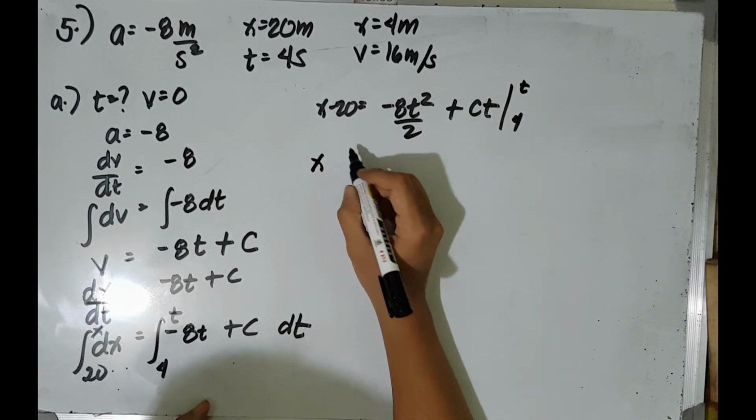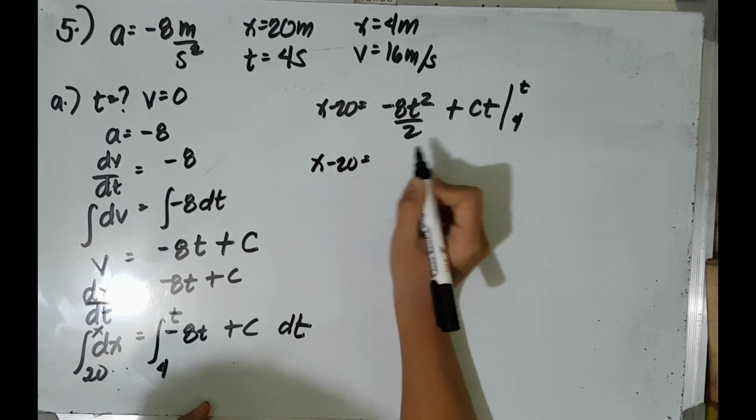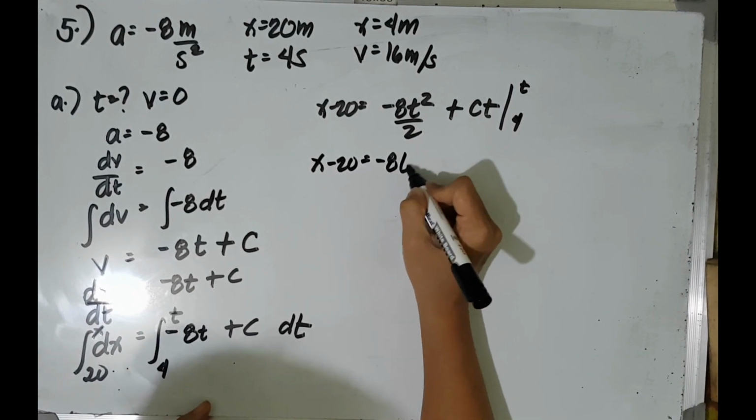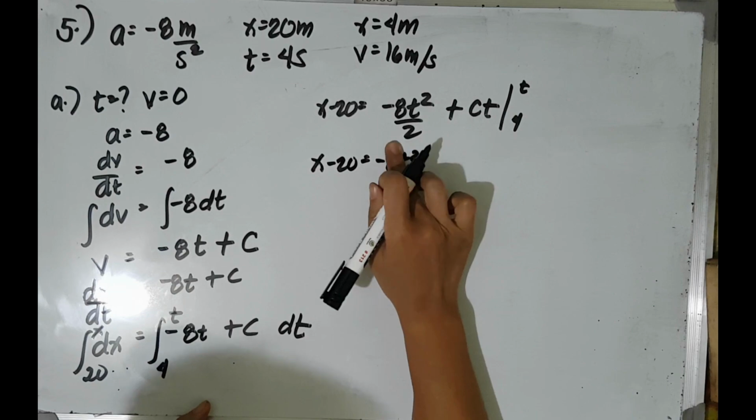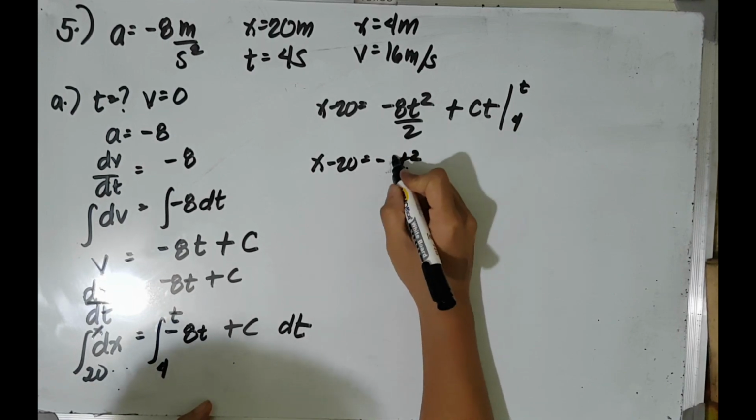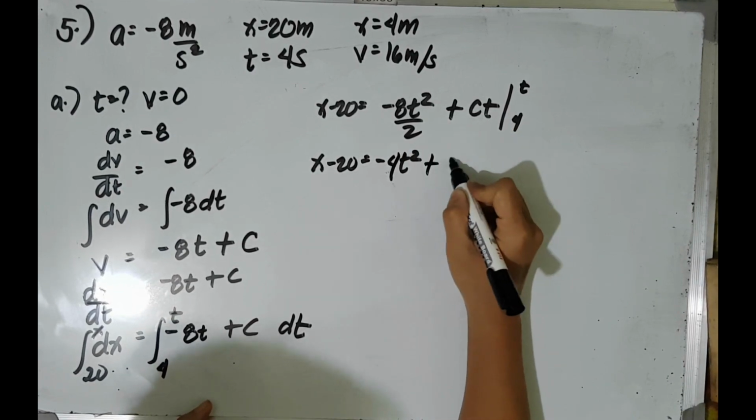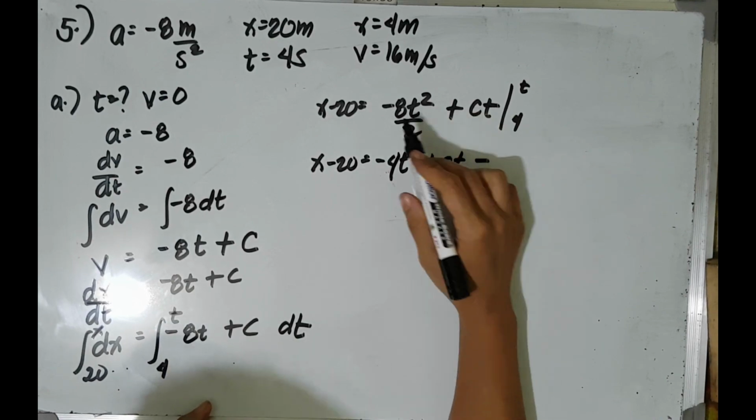So x minus 20 is equal to, yan, pwede natin gamitan as negative 4 plus ct, substitute natin.